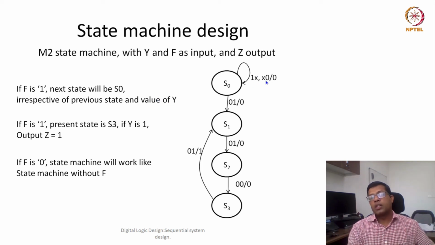The other possibility is that if it is 0 0, so my f value is 0, then 0 0 would also mean that we stay in S0 state. So when we say 0 0 or when we say x 0, x 0 would include both 0 0 as well as 1 0.